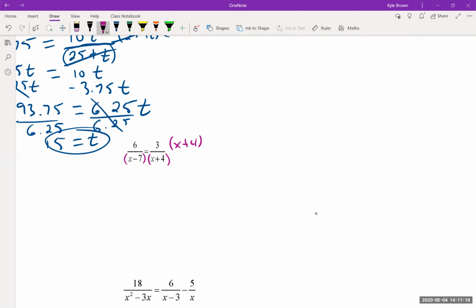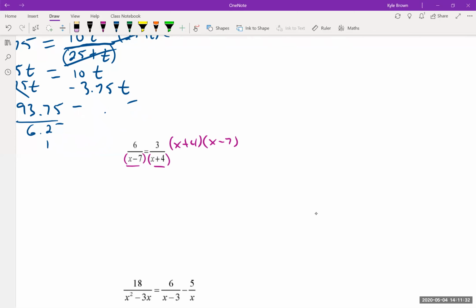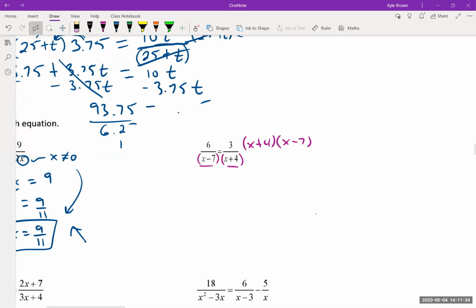So really the idea here is if it shows up at all, you're going to multiply both sides by that, right? So it's going to be x minus 7. So I need to multiply the right side of this guy by x plus 4, x minus 7. And I also have to multiply the left side of it by the same thing, x plus 4, x minus 7.